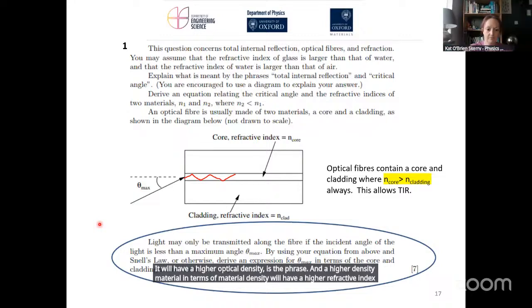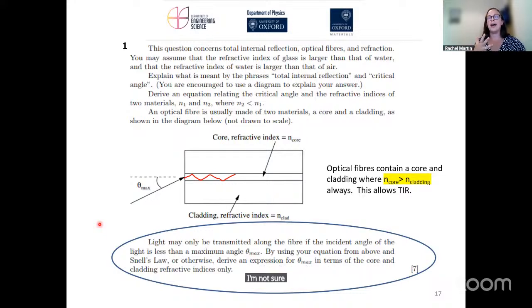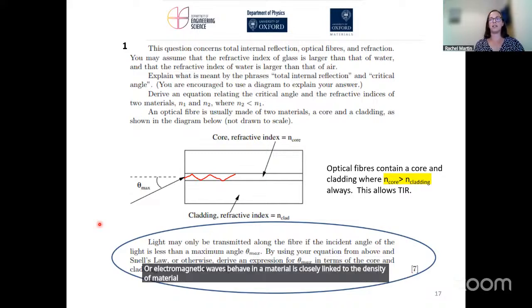I don't know if there's a measurement of optical density, Kat. But refractive index, how light or electromagnetic waves behave in a material, is closely linked to the density of the material. But we can give refractive index, it would be a different value for refractive index.